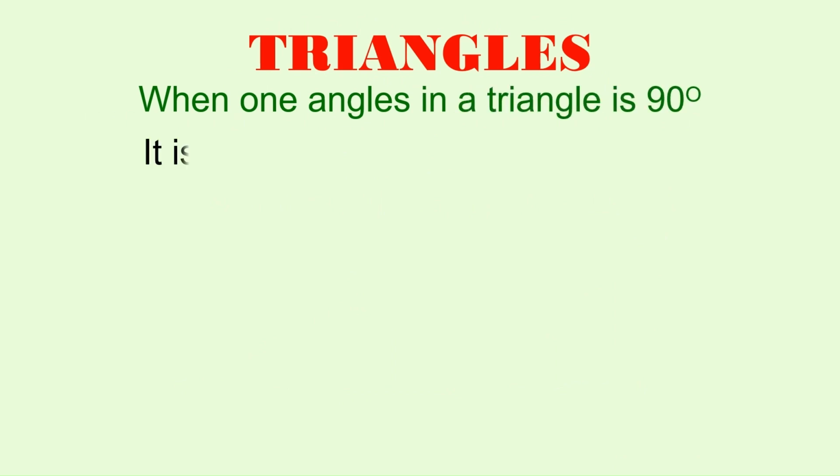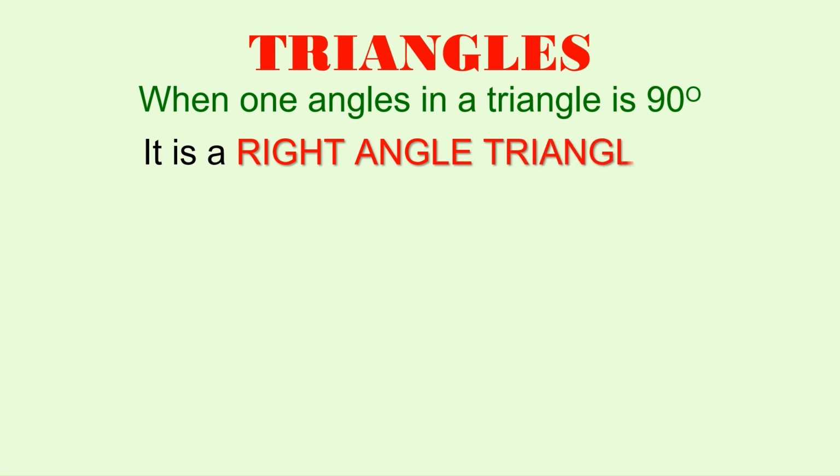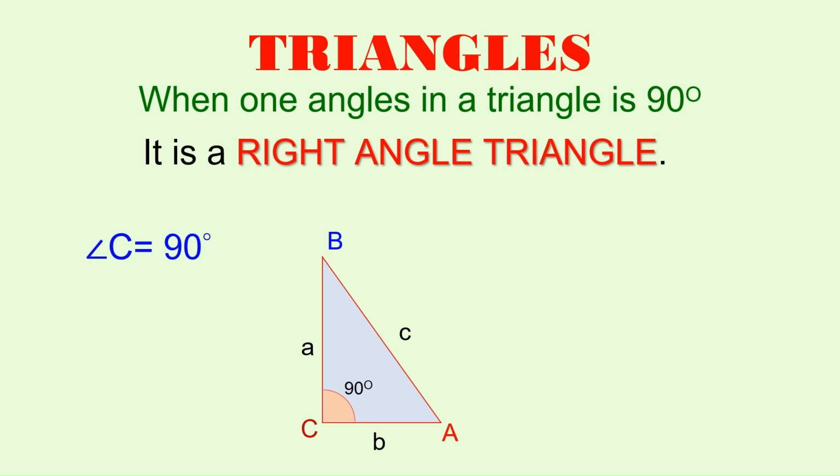When one angle in a triangle equals 90 degrees, it is a right angle triangle. Angle C equals 90 degrees.